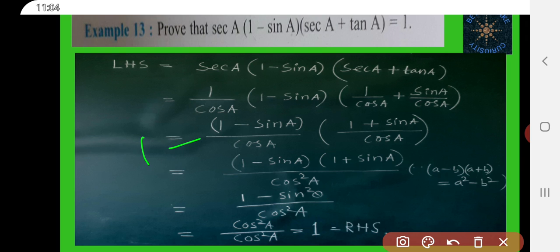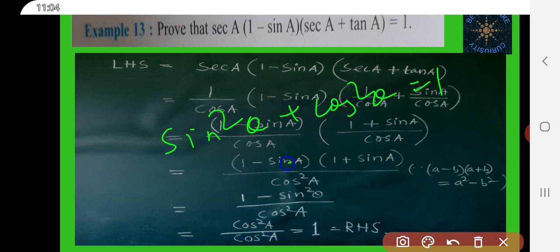And 1 minus sin square a equal to cos square a. Yes or no? As you know that sin square theta plus cos square theta equal to 1, so cos square theta equal to 1 minus sin square theta.